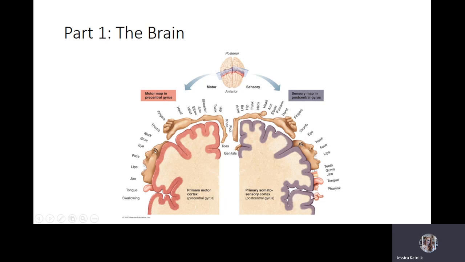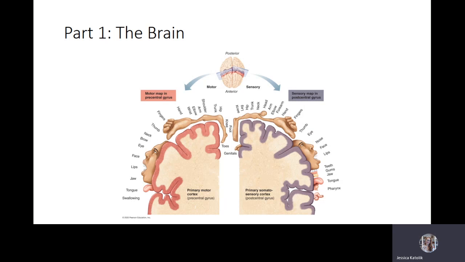What I want you to notice here is that the primary somatosensory cortex, the areas that are dedicated to a particular sensation or a particular area, is not proportional to body shape. Rather, certain areas are going to have more parts of the brain dedicated to that area. Especially with our thumb and our fingers and our hands, because we interact with our environment so much with our hands and our fingers, we need to be able to sense things very, very finely.